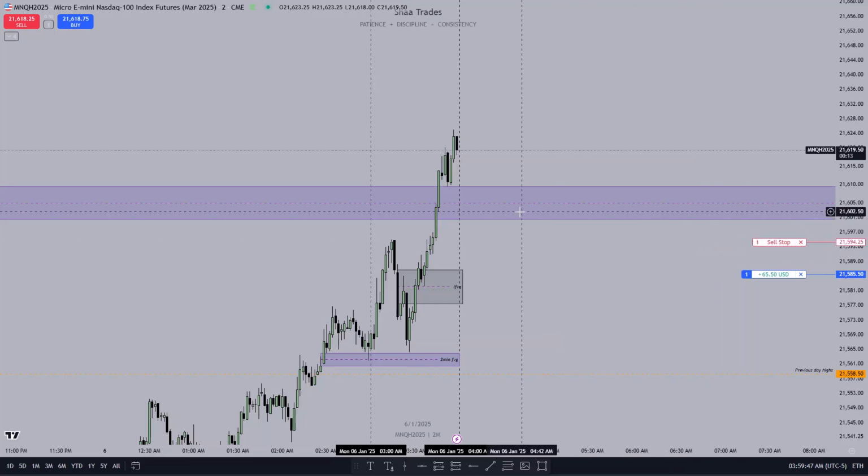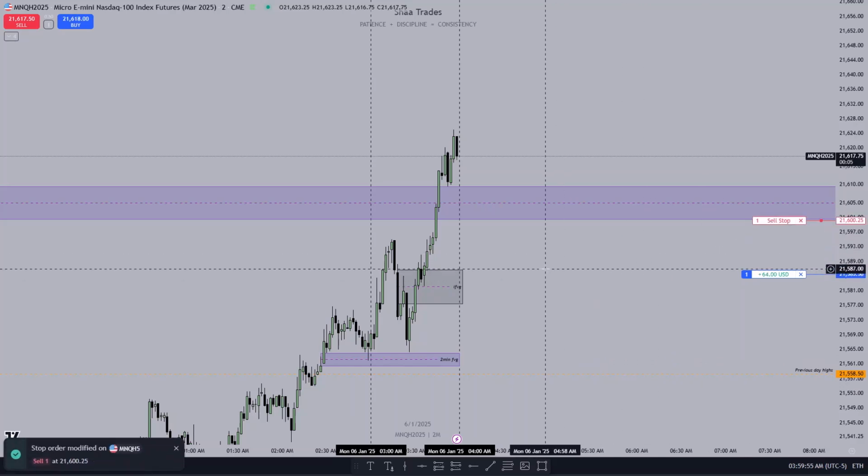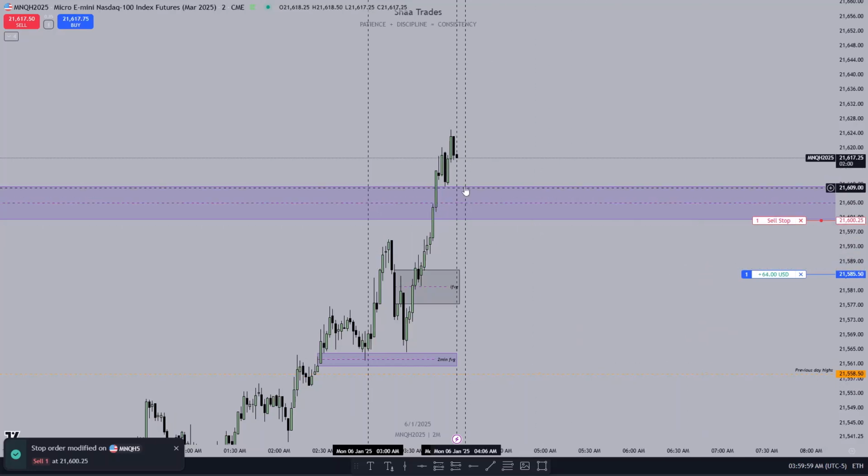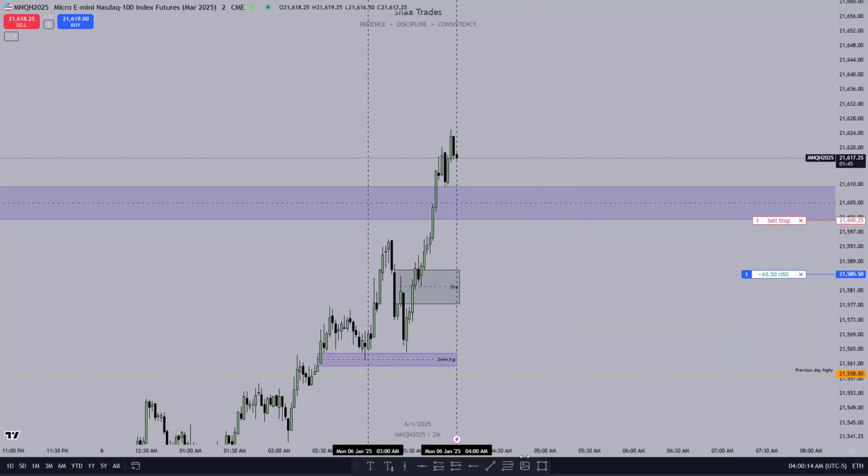So that's why I keep moving my stop loss, looking at what I'm making, and just managing the trade, and managing the rules set by Top Step so I don't break any rules. You know how that goes for anyone trading prop firms.